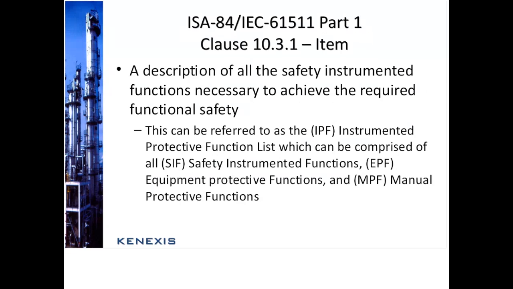In ISA 84, IEC 61511 Part 1, this item is a description of all the safety instrumented functions necessary to achieve the required functional safety. This can be referred to as an instrumented protective function list, which can be comprised of all safety instrumented functions, equipment protective functions, and manual protective functions.